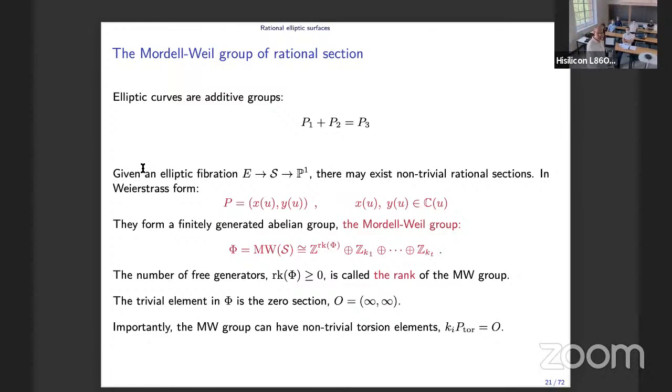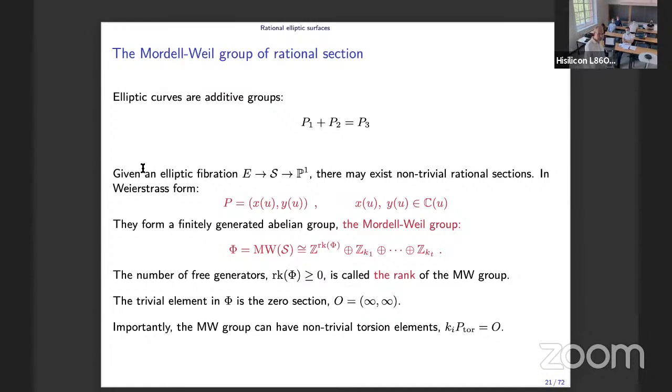A section just means a solution x(u), y(u) of my Weierstrass equation, which is rational in the parameter u. In fact, in all these examples, you can take it to be a polynomial in u. These points in general could be of two types. There will be points where you can add them forever, and that generates the free part of the Mordell-Weil group.